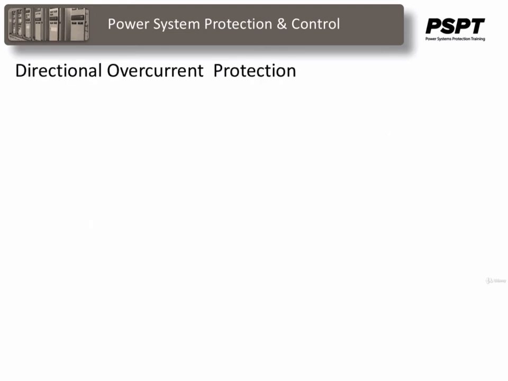The overcurrent protection can be given a directional feature by adding a directional element. Directional overcurrent protection responds to overcurrents for a particular direction of power flow. If power flow is in the opposite direction, the directional overcurrent protection remains inoperative, or at least the operating torque is greatly diminished.